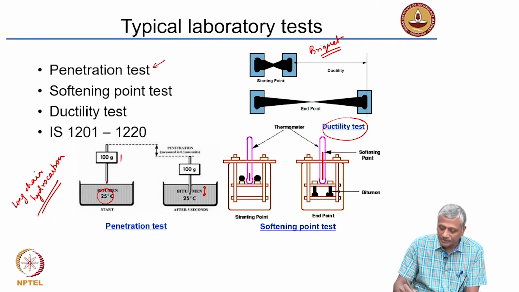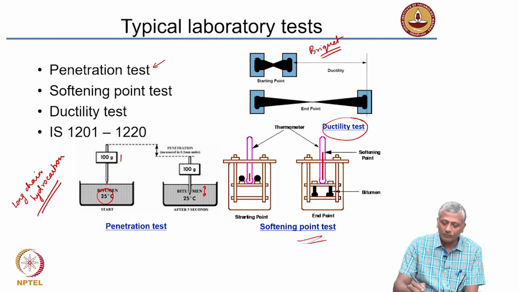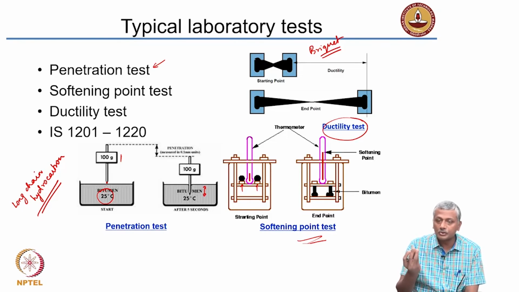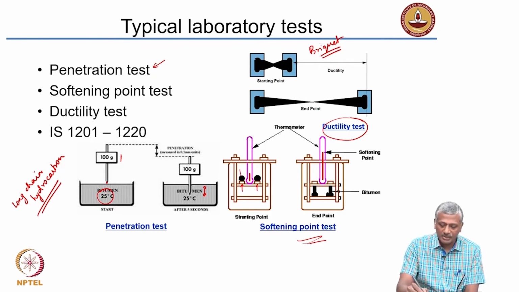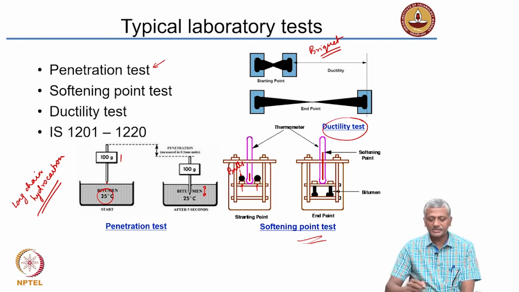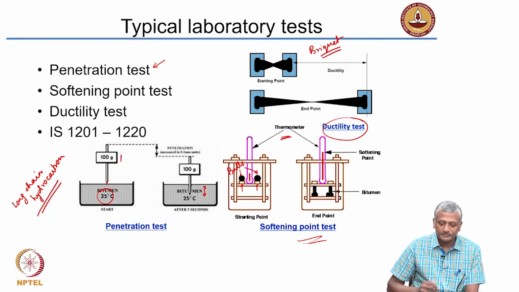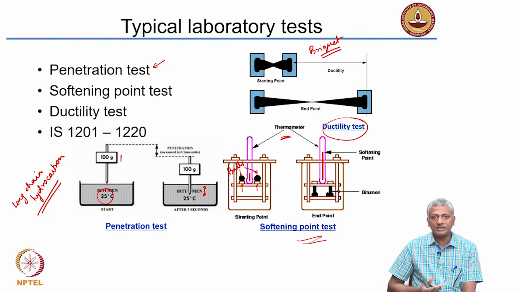Okay? And then you have the softening point test. Here what we are doing is, we have the asphalt sitting inside these two small cylindrical containers. It is almost like a film of asphalt, on top of which we put these steel balls. We put these steel balls on the top, and then we increase the temperature. A thermometer is there to measure the temperature. We increase the temperature of this entire setup.